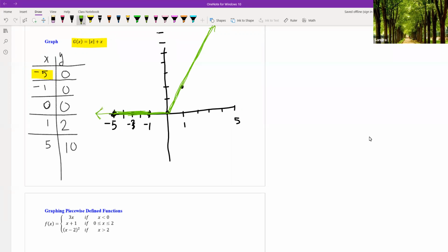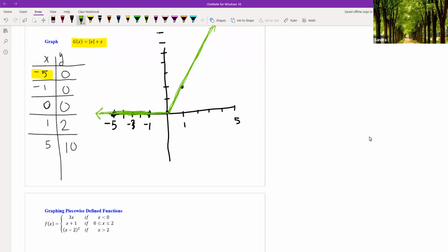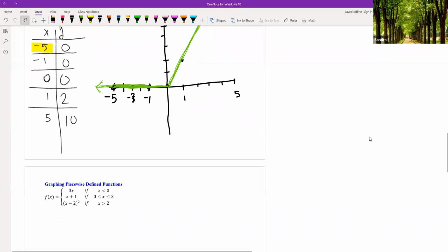It's gonna go like this. Okay, that's it. That's the graph of this function. Okay, let's go ahead and move on to the next part.